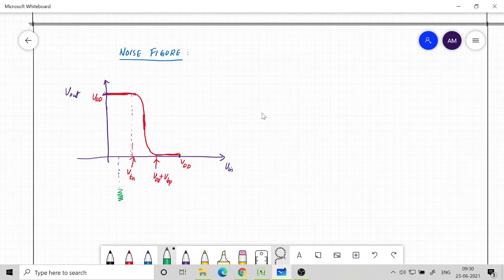So whenever the output is at logic high, and you have a logic low input which has some noise on it, at the output of the digital circuit you don't have that noise reflected. So in a way, the noise is not transmitted to the output.